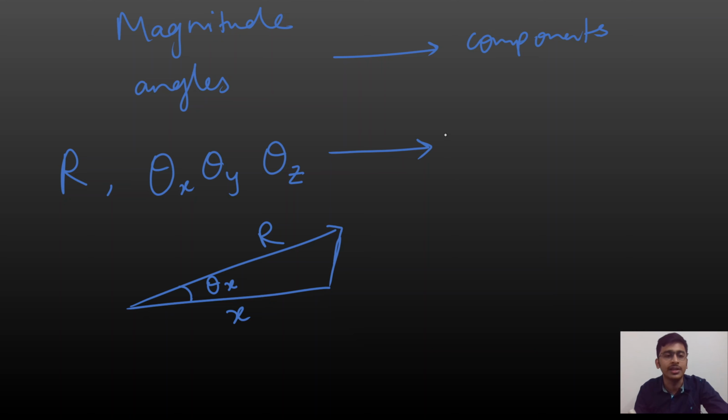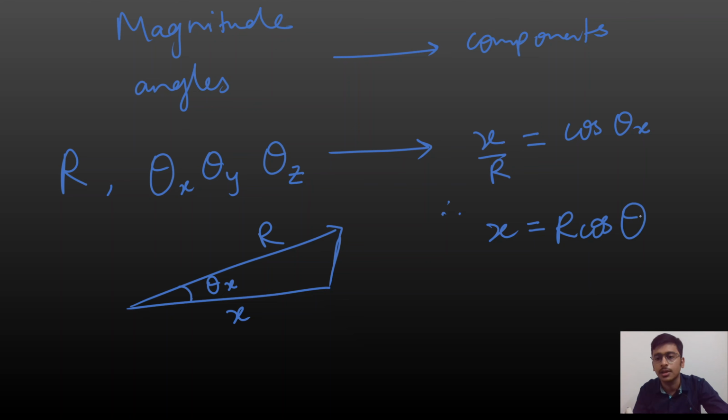And similarly, as we did in 2D, we simply say x upon R is nothing but cos theta x. So I can say x is equal to R cos theta x.